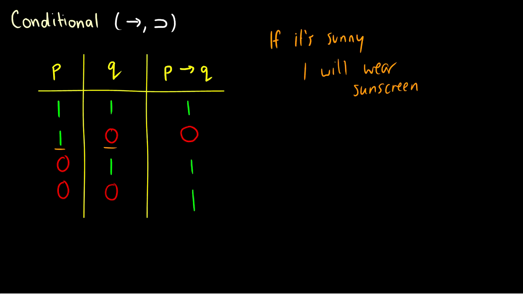So we say that, mathematically anyway, P arrow Q is 1 if the value of P is less than or equal to Q. So in the second scenario here, 1 is not less than or equal to 0, therefore we get a 0. But everywhere else, P is less than or equal to Q, so we output a 1. And that's a mathematical way of looking at things.